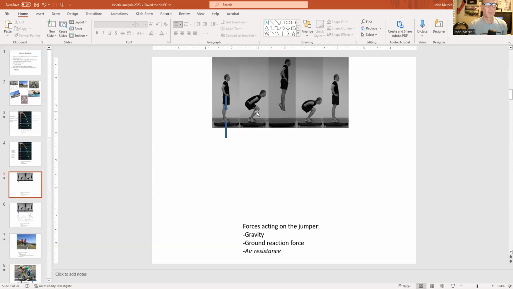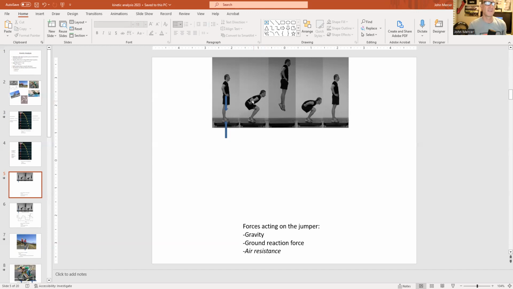Realize that what the person's doing has an equal and opposite force, the ground reaction force, which is equal and opposite to what the person is doing. And we call this the ground reaction force. It's the force from the ground in reaction to what the person is doing. The person is pushing on the ground, and the ground is pushing back on the person.